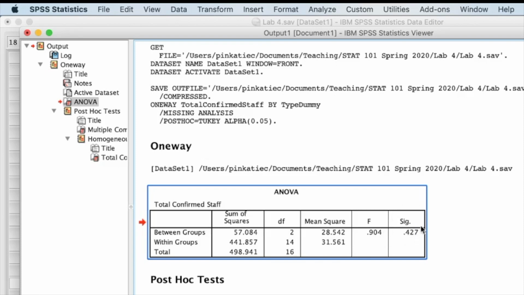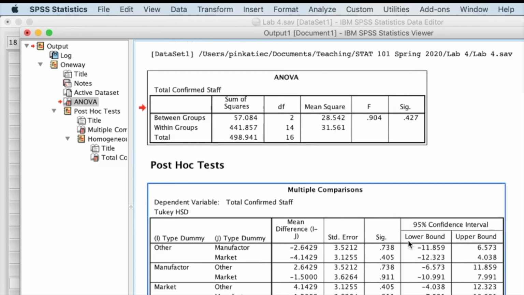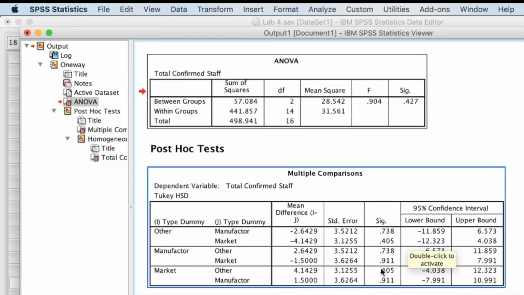And when it's greater than 1 or much larger than 1, that means that there's a lot of variation due to groups. And then our significance value is non-significant. It's 0.42. And we can further see this if we go down to our Tukey post hoc test.